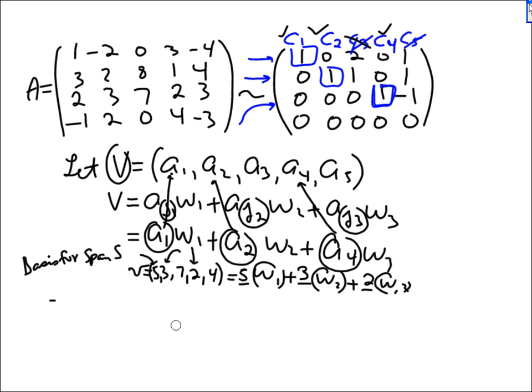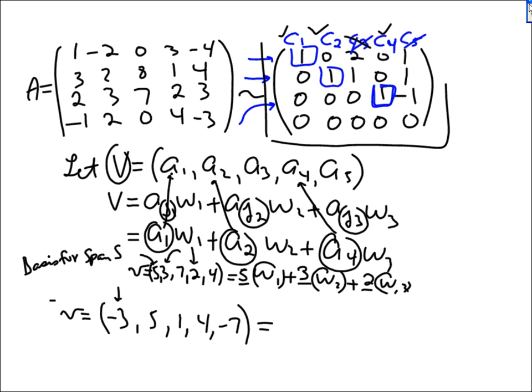Okay, so let's do one more numerical example, and then we'll do a whole other problem just like it. 3, 5, 1, 4, -7. Since the columns, I'm looking up here now, the columns that had a leading 1 were column 1, 2, and 4.